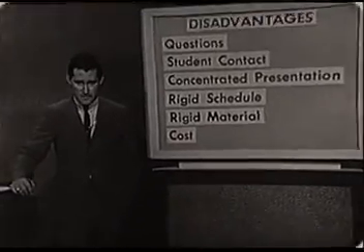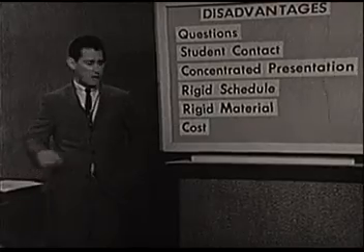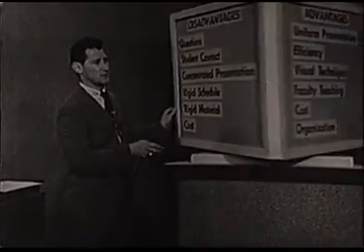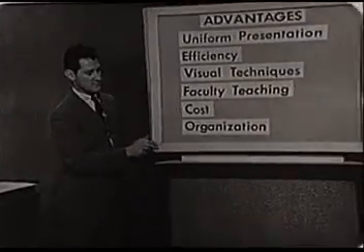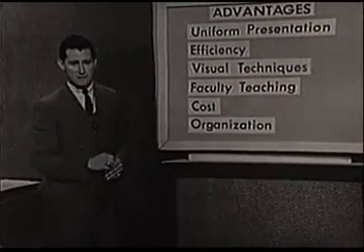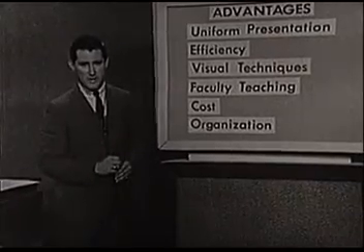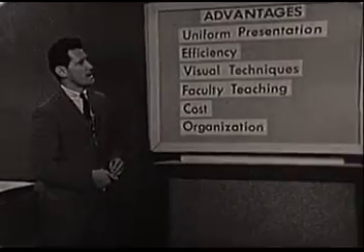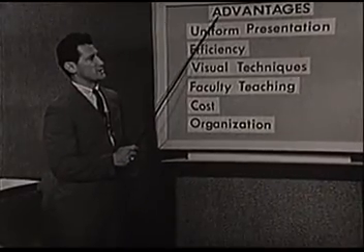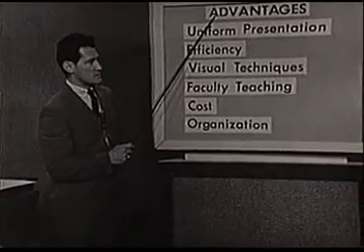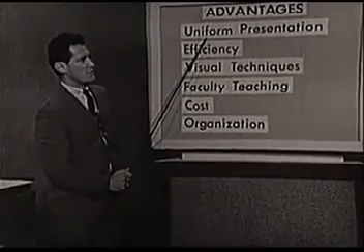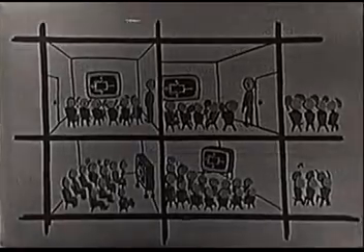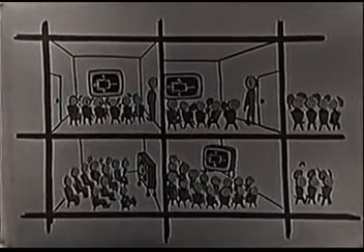On the other hand, certainly there are some very important advantages also in instruction by television, as we are primarily interested in mathematical instruction by way of television. Advantages we will list and explain one at a time as we did disadvantages. First of all, uniform presentation is a very definite advantage of mathematics by television.